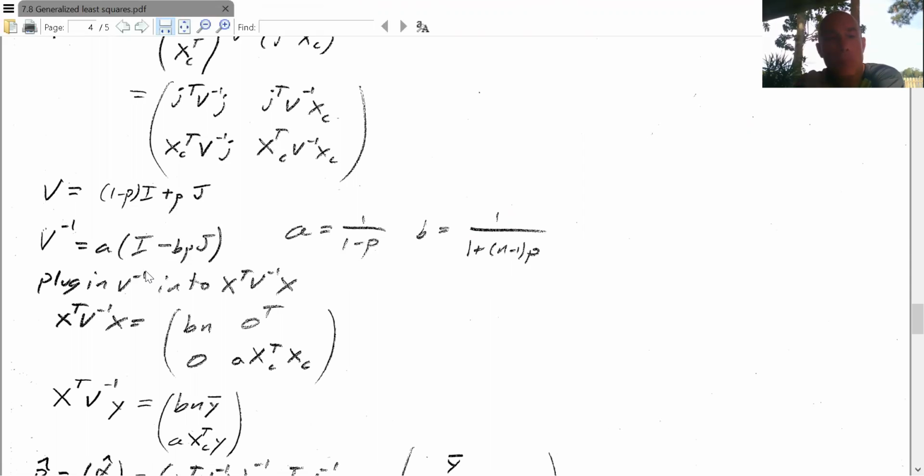Okay. So now I'm going to plug in V inverse into this formula. So I'm plugging it in up here. And I'm working it out.